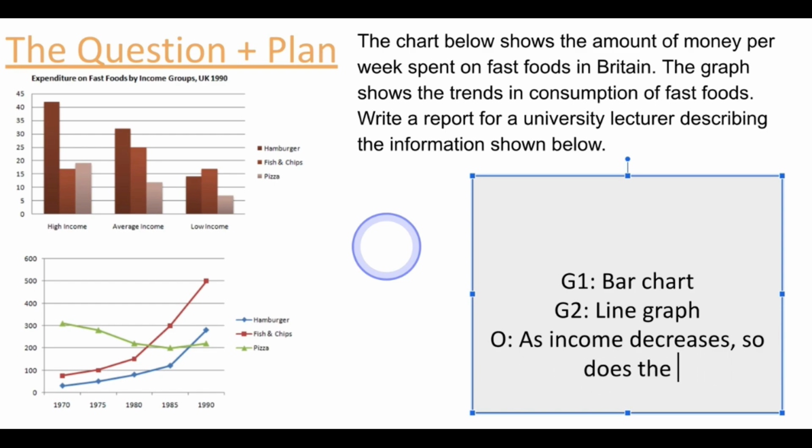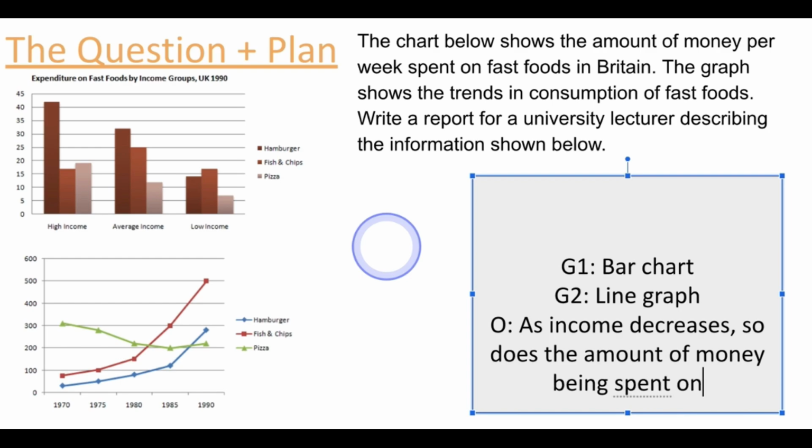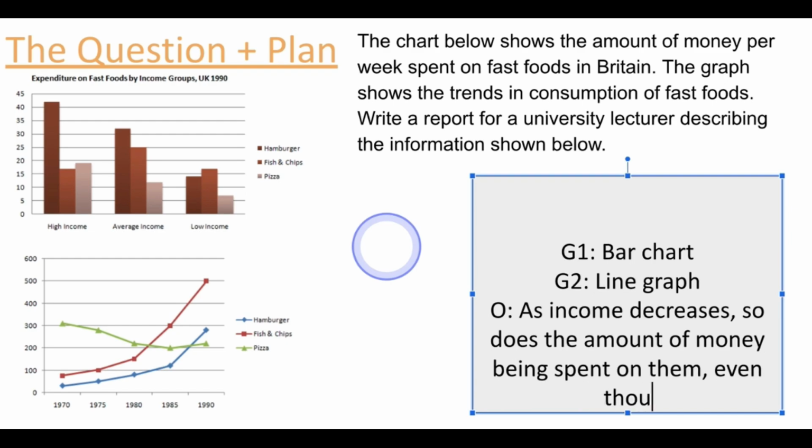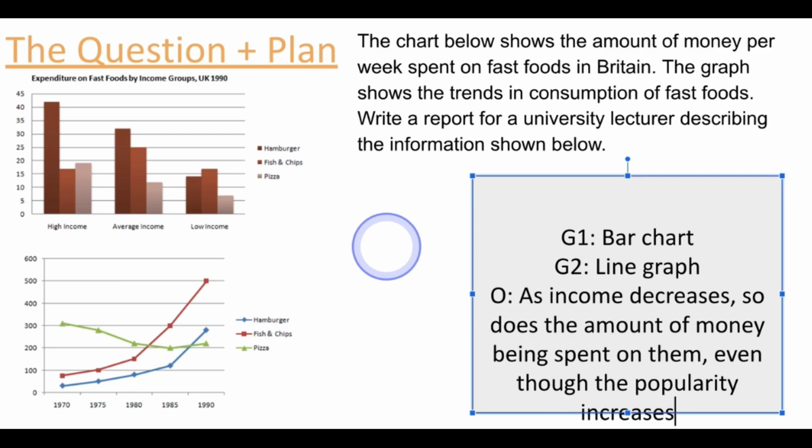That increases, but the amount that people are spending on them also decreases. So does the amount of money being spent on them, even though the popularity increases over time.